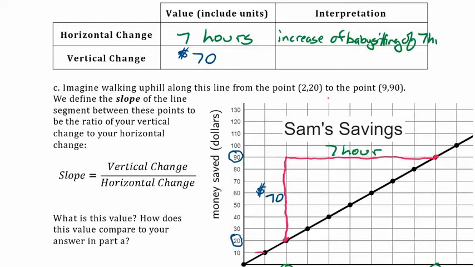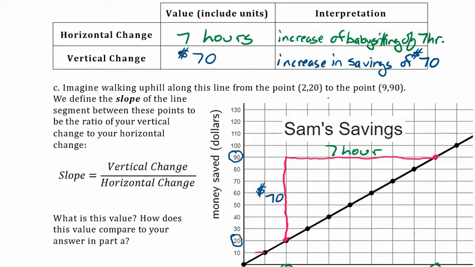Maybe he got a job of 7 hours of babysitting. And we have an increase of savings of $70. Maybe an increase in savings would be a better way to say that. Okay.